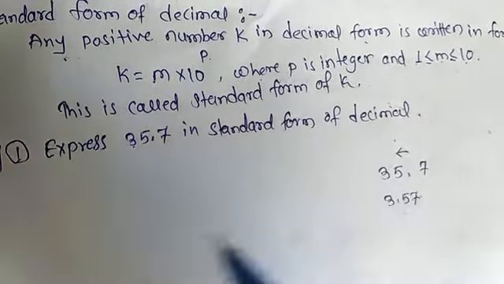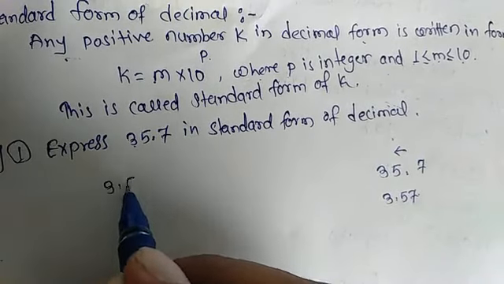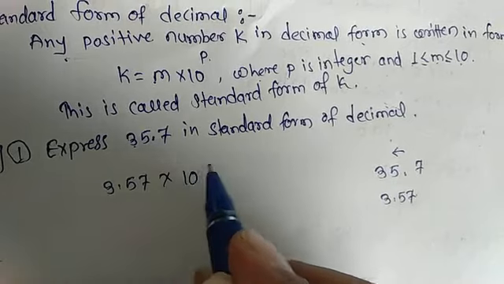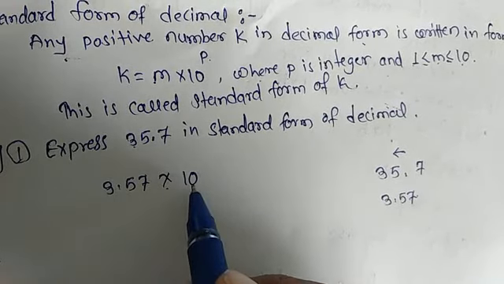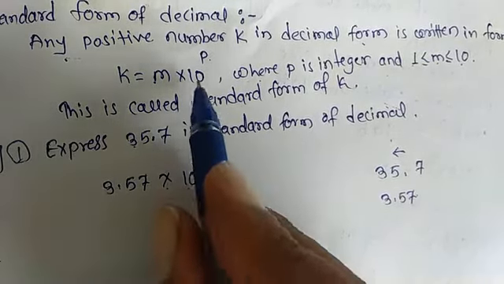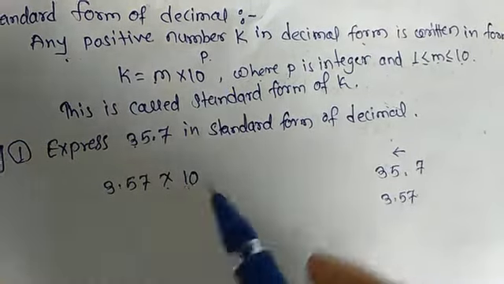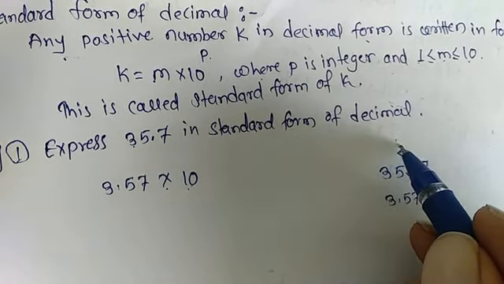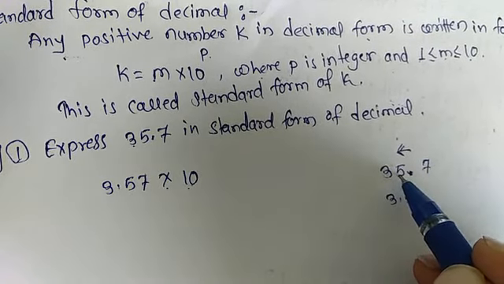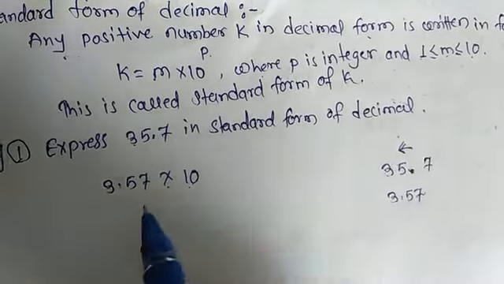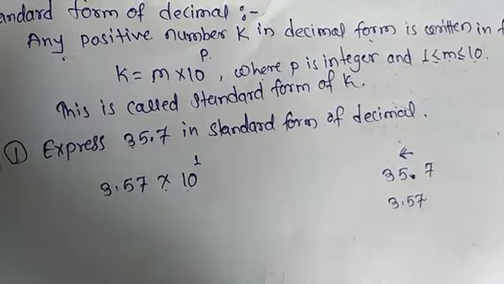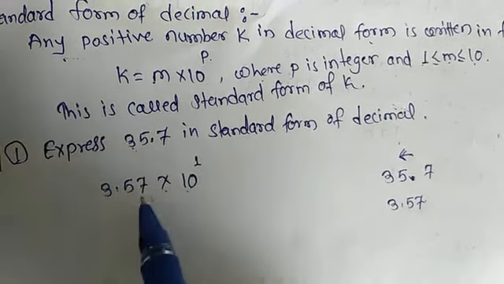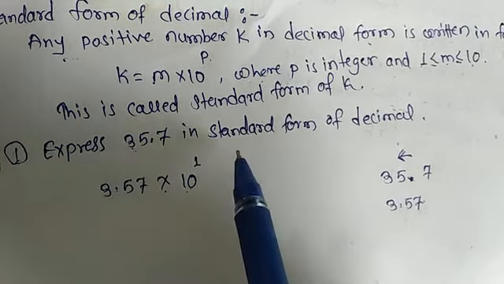So 3.57 is the value of m, multiplied by 10 to the power. How many places did we shift to the left? Only one place, so it will be 10 raised to 1. So our standard form of 35.7 is 3.57 into 10 raised to 1.